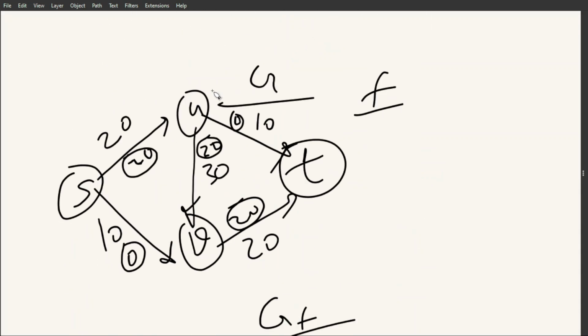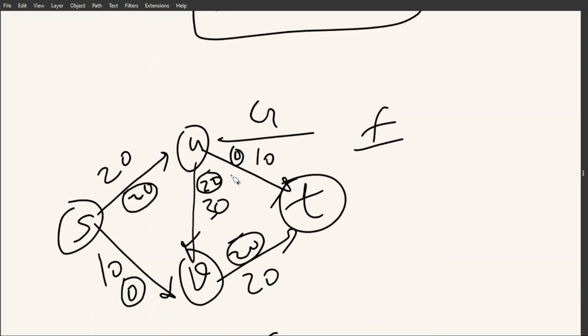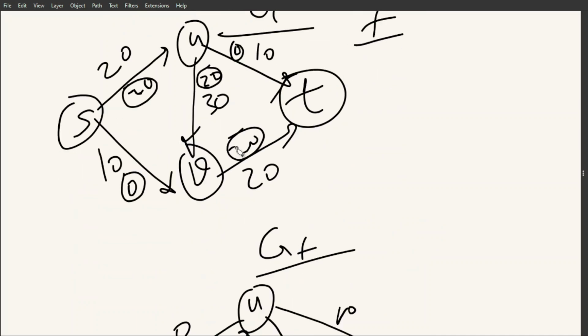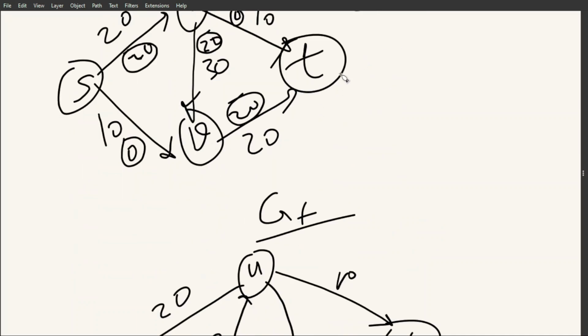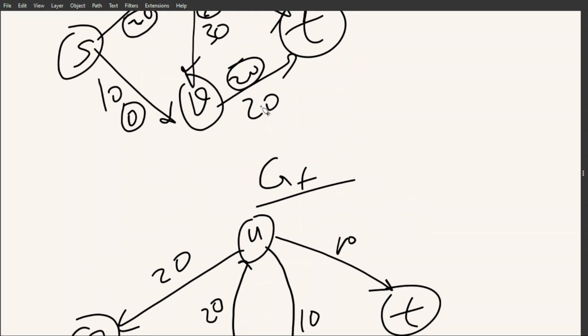Next we consider U to T. Flow is 0, capacity is 10. So we make a forward edge with weight 10. There is no backward edge because flow is 0. Last we see V to T. Flow is 20, capacity is 20.